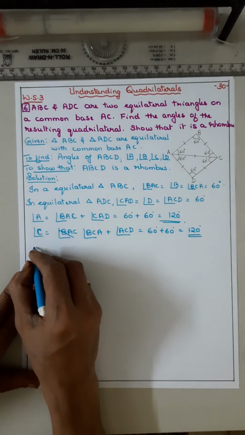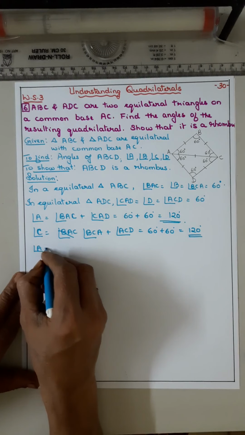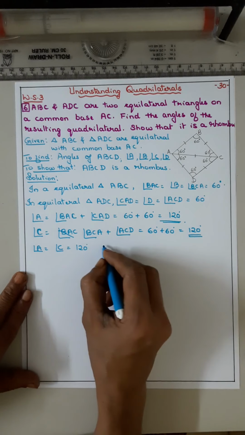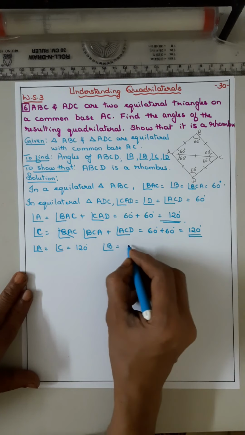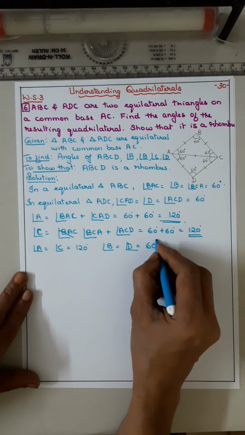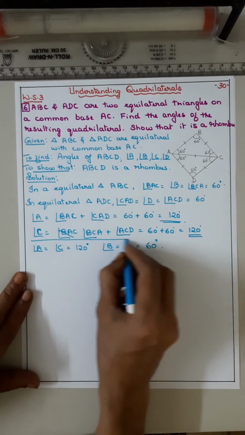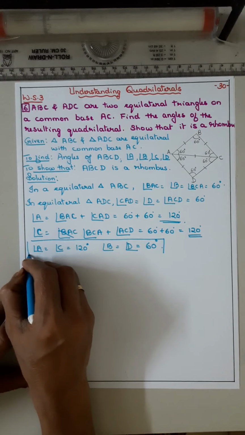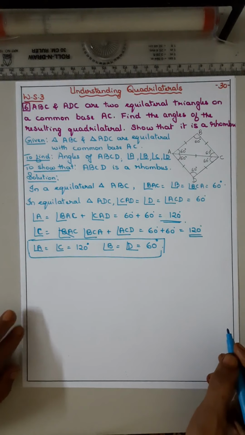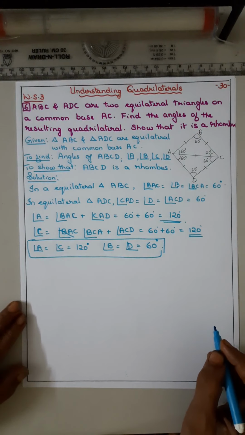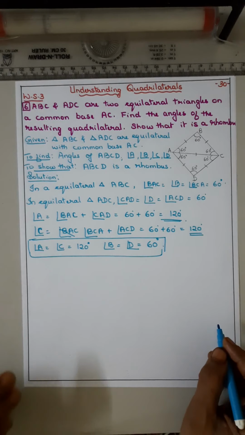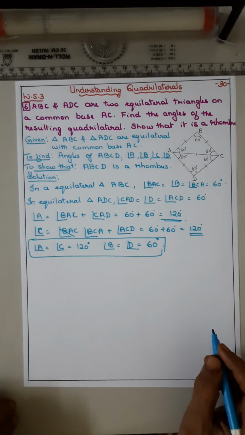So angle A is equal to angle C is equal to 120, and angle B is equal to angle D is equal to 60 degrees. So these are the angles. Is it clear? Hope everyone understood.